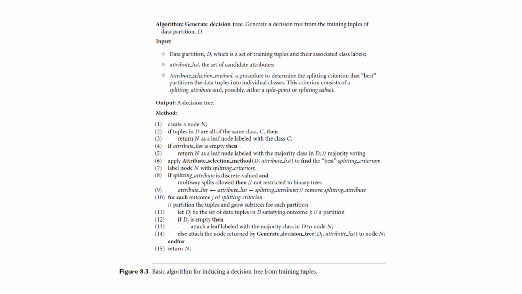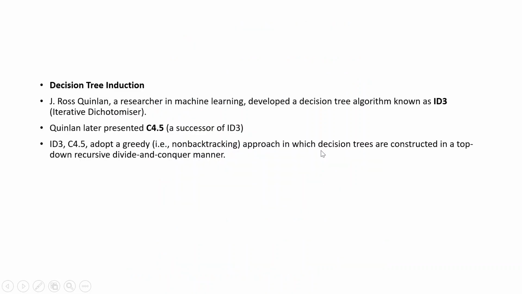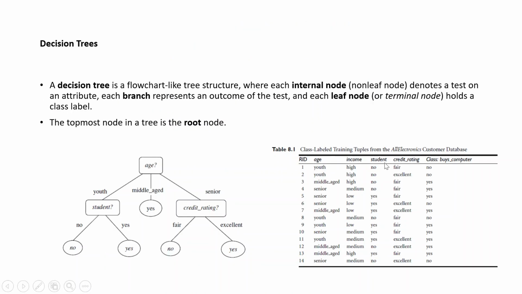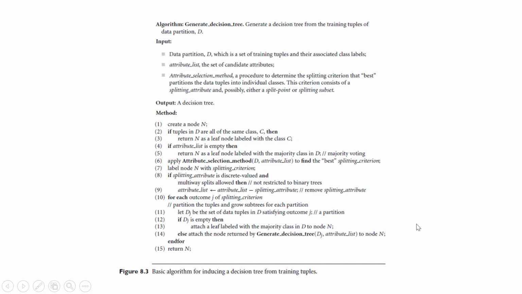So all those elements you have in D are placed in the leaf node n, and you label n with the majority class in D. D is a set of data items like this, and the classes are also given here. If all the attributes have been processed, you look at which class has the maximum number of elements here, and then you put that into that class. Those are stopping conditions actually.